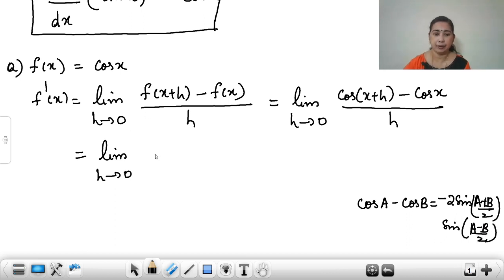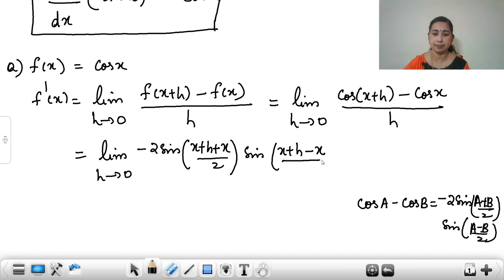So here also applying cos a minus cos b is minus 2 sin a plus b by 2, that is x plus h plus x by 2 into sin x plus h minus x by 2 whole divided by h.